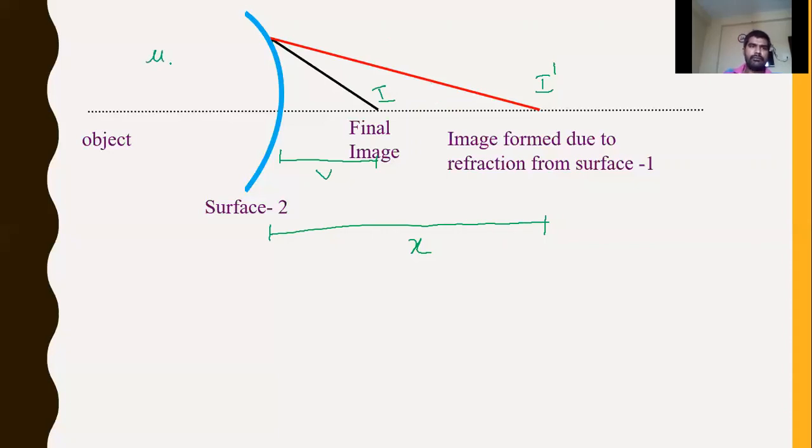Therefore the first medium is glass, so you should take its refractive index as mu g. The second medium is air, so you should take it as mu a, the refractive index of air.